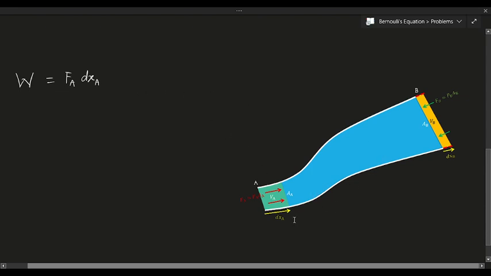Now, the liquid element 2, liquid element 3 and all the liquid elements up to liquid element n minus 1, actually there are n liquid elements.